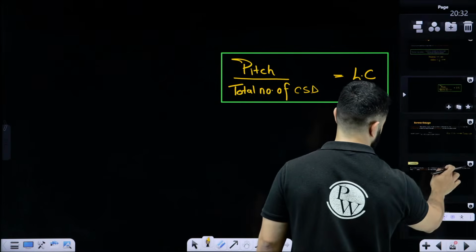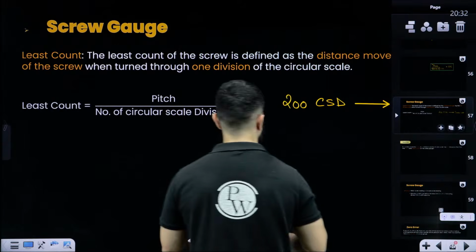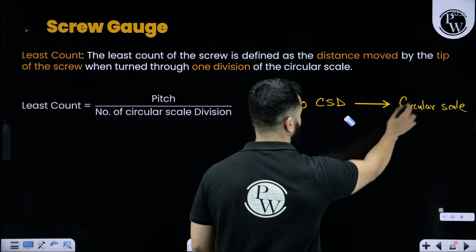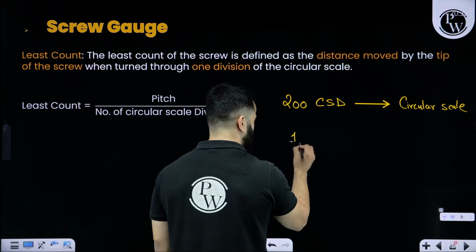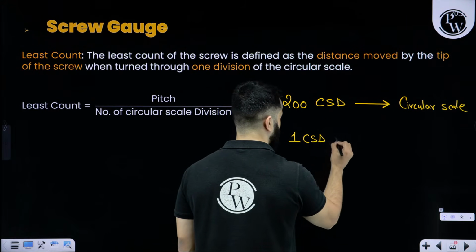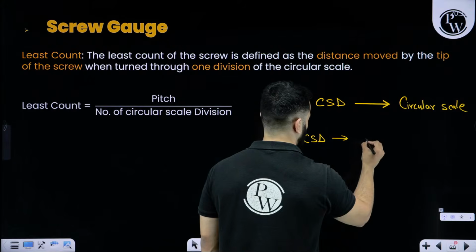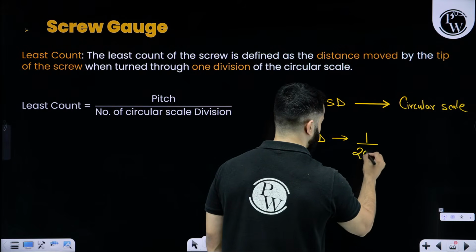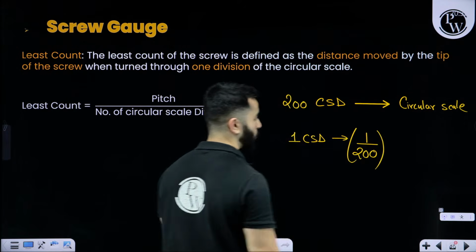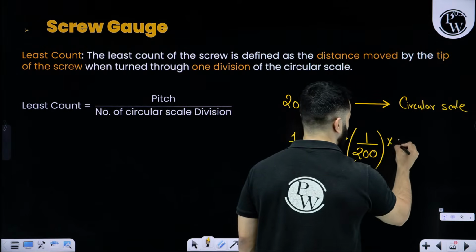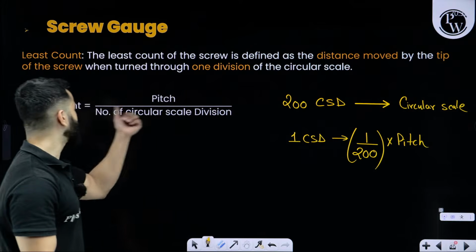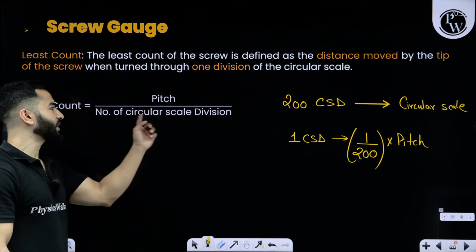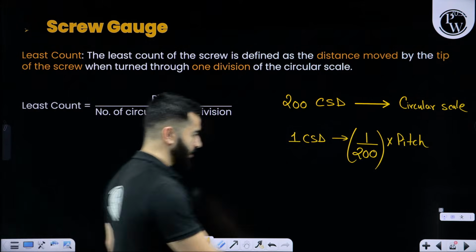Now pay attention. Let's suppose there are 200 circular scale divisions on the circular scale. So for one circular scale division, it will be 1 divided by 200 of what? Pitch. So this is going to be your least count. That is why we say least count will be pitch divided by the total number of circular divisions.